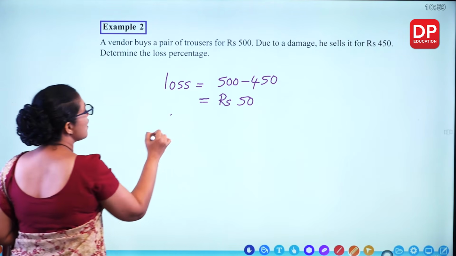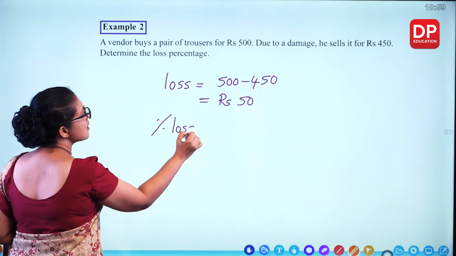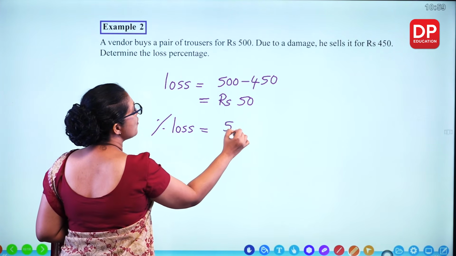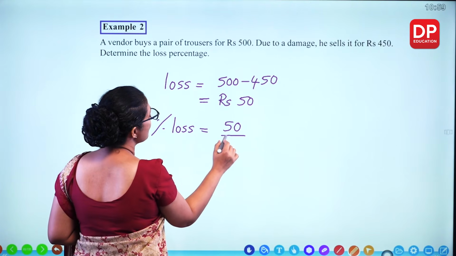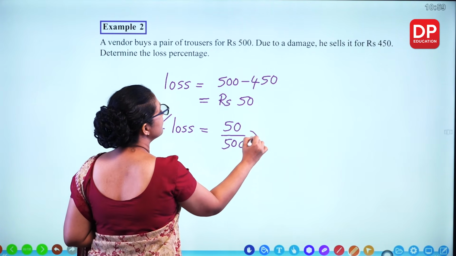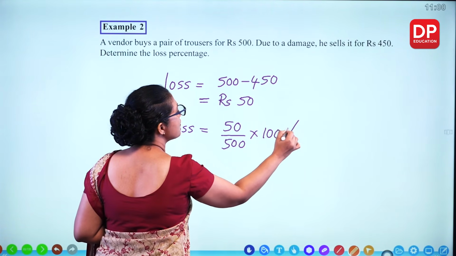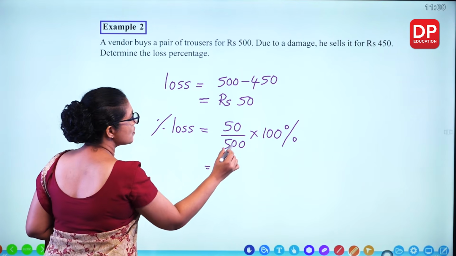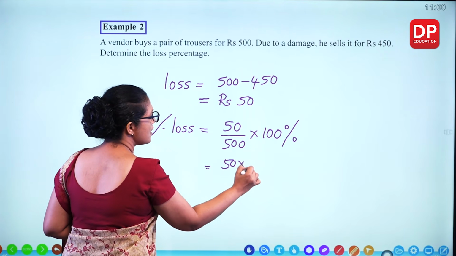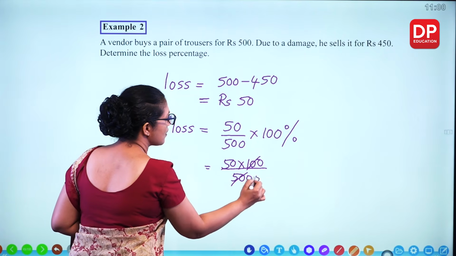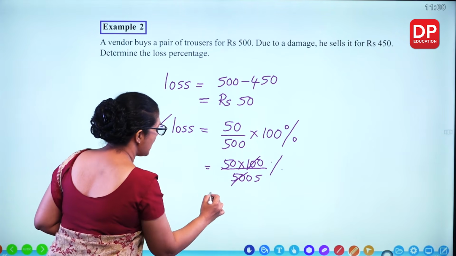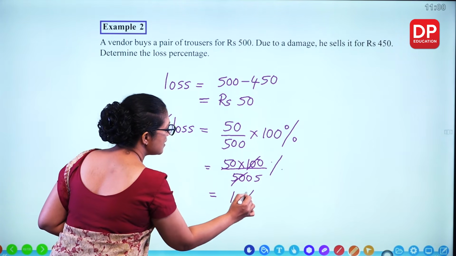So how can we calculate the percentage loss? 50 rupee loss for buying price 500 into 100%. So you get 50 times 100 divided by 500. So 10% is the loss.